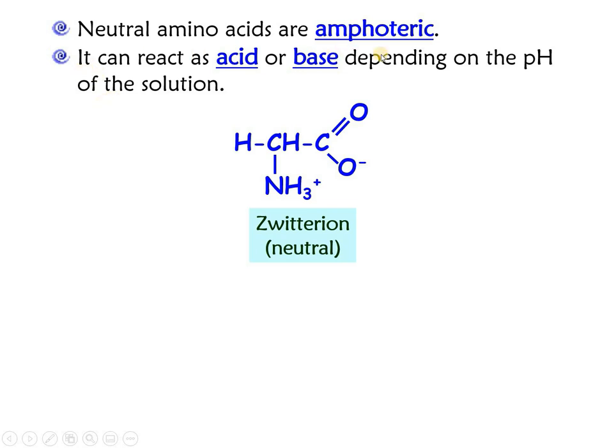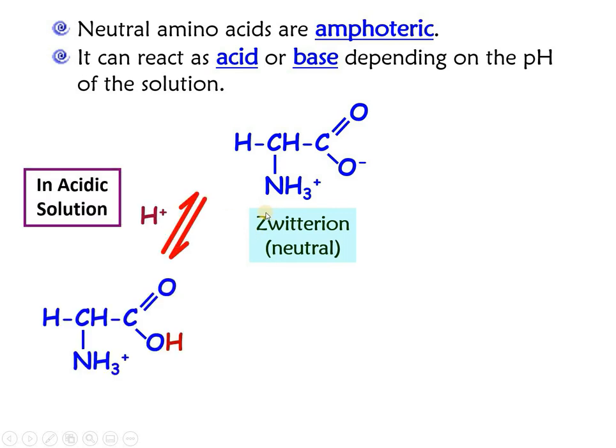The neutral amino acids are amphoteric. They can react as acid or base depending on the pH of the solution. For example, here we have the zwitterion, which is the amino acid in neutral form. If you react with an acidic solution, the acidic solution will supply some H plus ions. So this H plus ion will be attracted to the COO negative part.